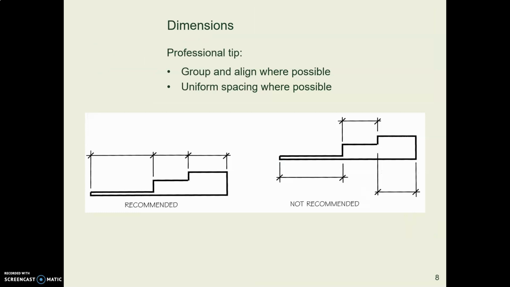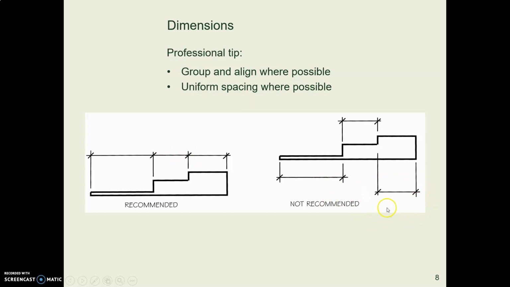About dimensions, I want to give you a couple of professional tips. One tip is your drawing will look much more professional if you try to make everything all lined up. So notice this string of 3 dimensions on the left, they're all lined up, and the drafter used O-snaps to get them right in the same line.